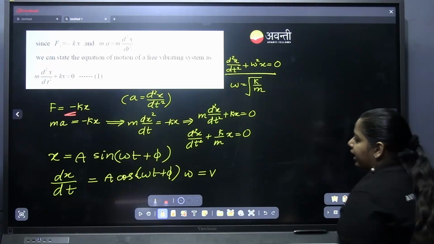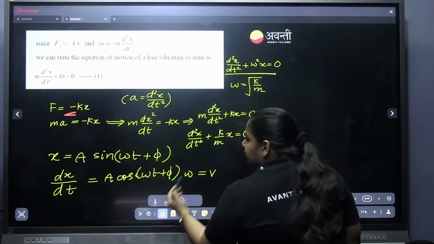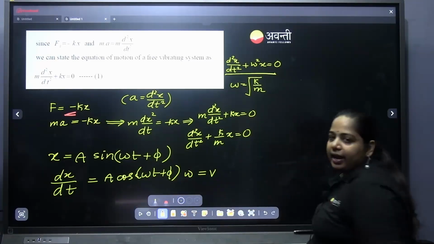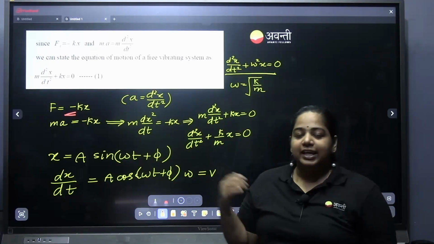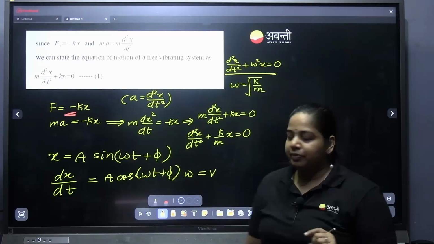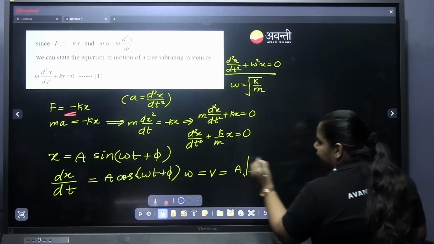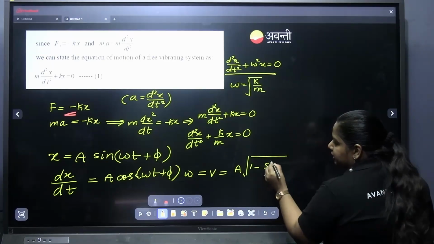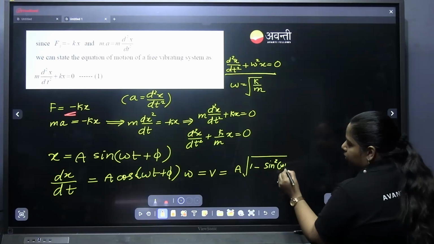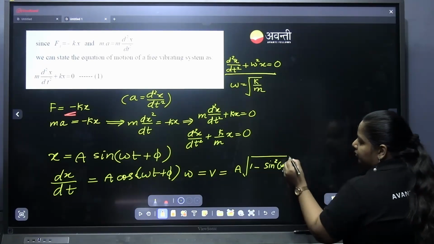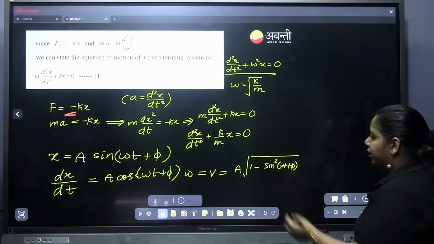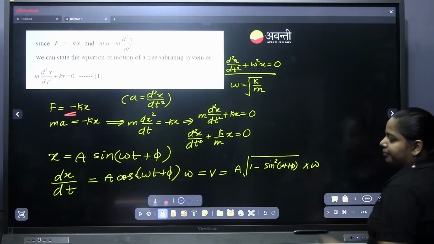And this cos omega t, can I write it as root of 1 minus sine square omega t? So it will become a under root 1 minus sine square omega t plus phi, into omega.